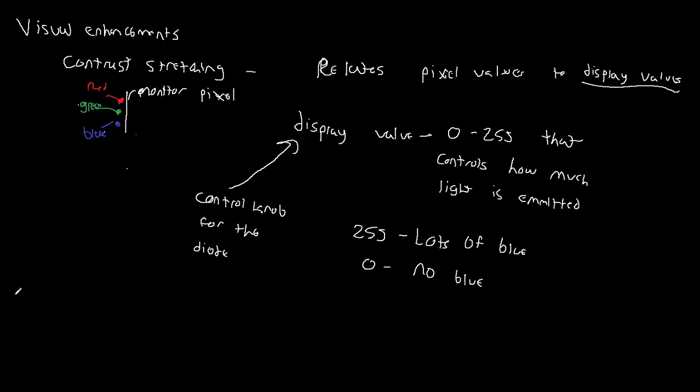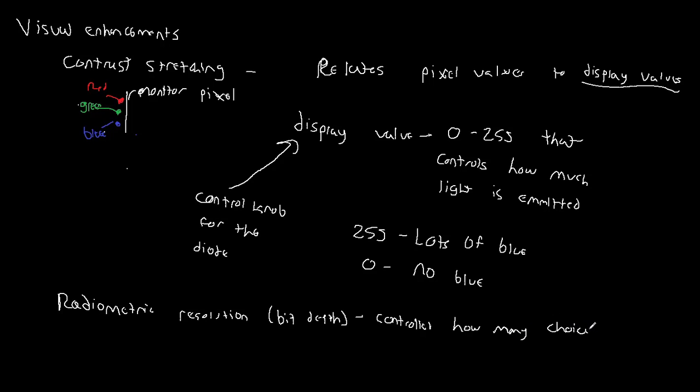You have to remember something. One of the characteristics of an image was this idea of radiometric resolution, which was also called bit depth. Just to recap, this controlled how many choices the sensor had for defining a pixel value.